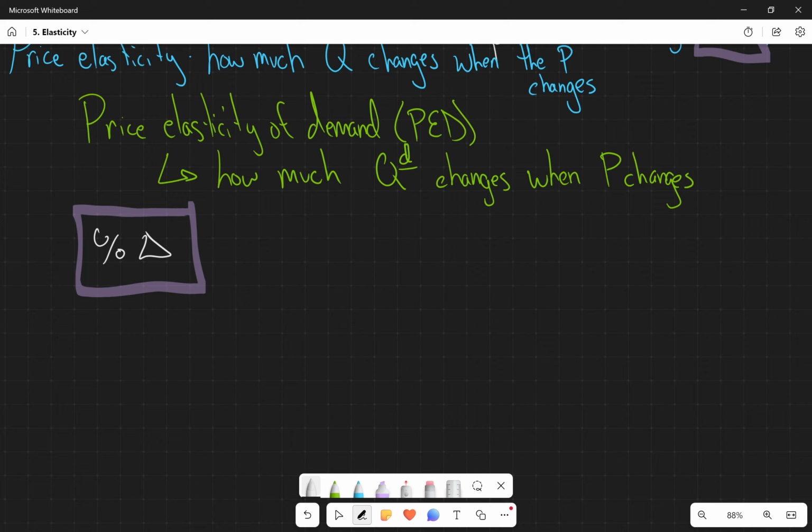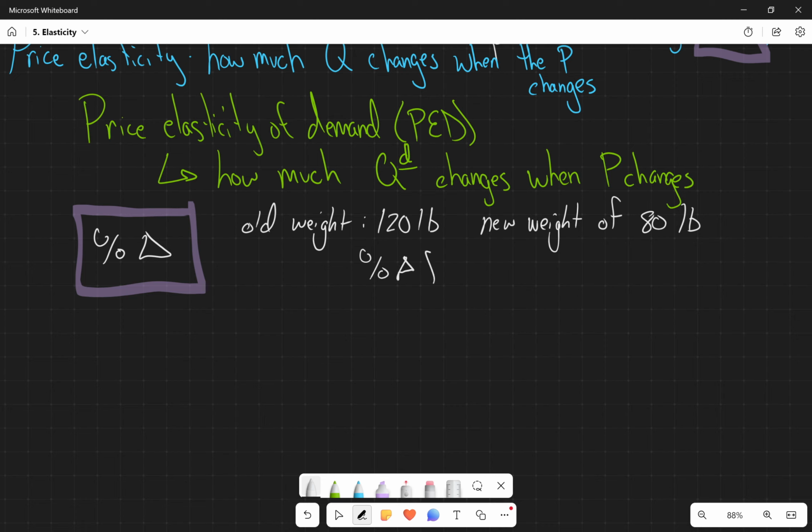Back in the day, when we did percentage changes, you had some old weight of 120 pounds, and then some new weight of 80 pounds, and you wanted to figure out the percentage change from the old to the new.